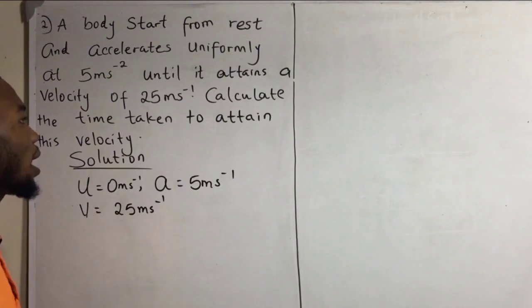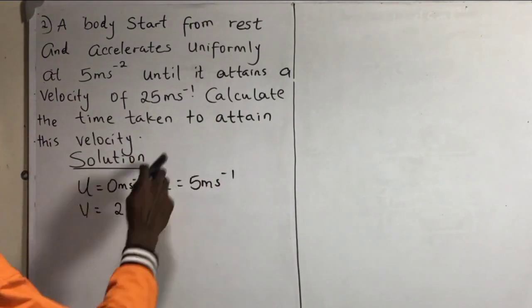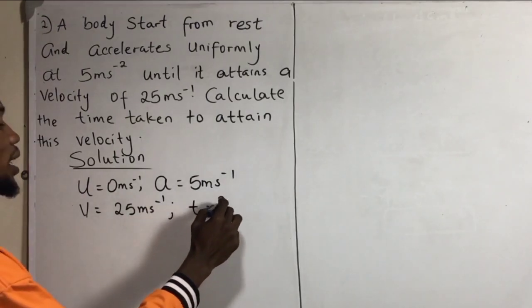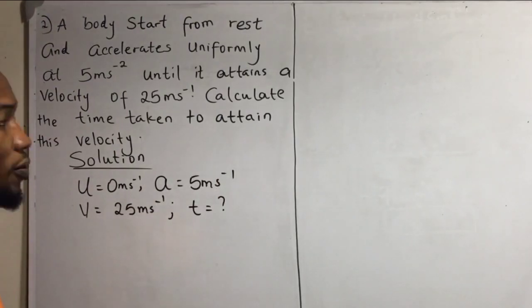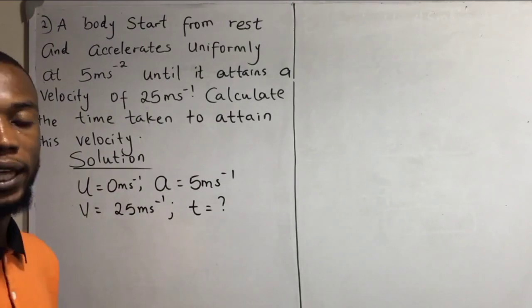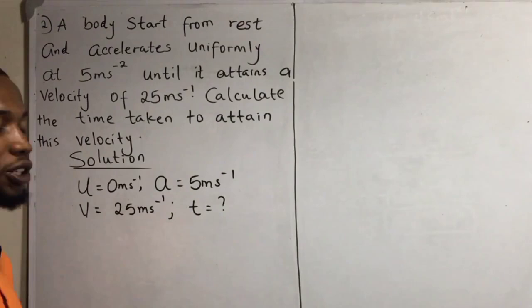Now, we are asked to calculate the time taken to attain this velocity. So in this question, we are looking for the time taken in seconds for this body to attain this maximum velocity. So the best formula to solve this, if we go through all the formulas that we have earlier on, is V equal to U plus AT.